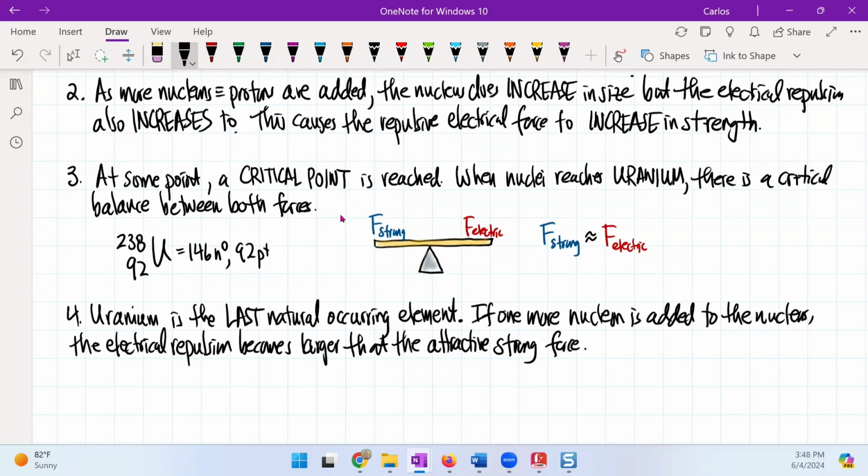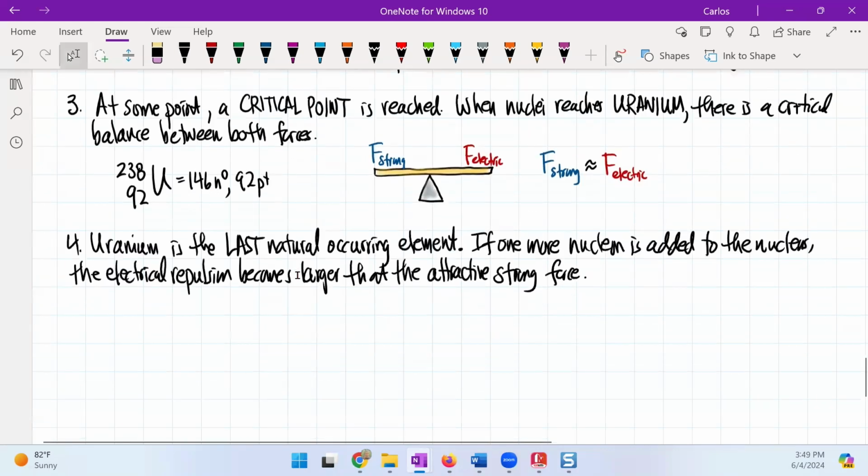In practice, what you do here is send in a slow moving neutron that gets captured by the uranium nuclei. This causes a fission process, and it goes something like this.